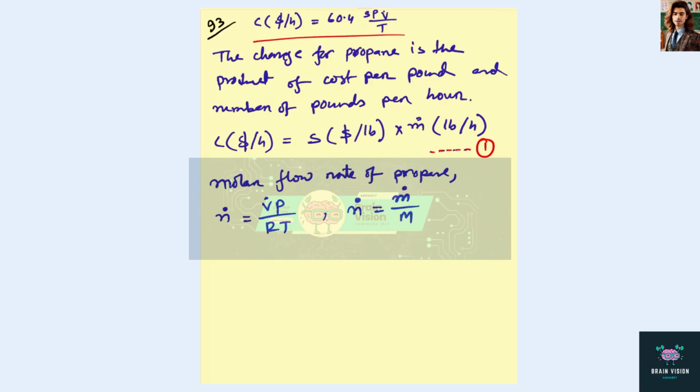Therefore, molar flow rate is equal to mass flow rate divided by the molar mass. We can combine these two equations and we can write mass flow rate is equal to, and we can insert this value of m to the equation 1. Let's do that.